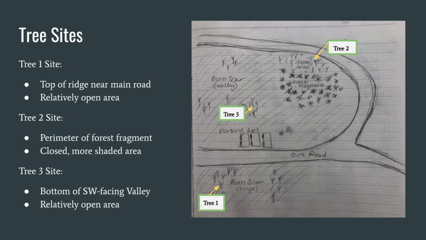What's different about these 2 trees is that tree 2 grows at the brim of the forest remnant, and tree 3 grows in the open area. And the elk like to eat in the open area instead of the woods because they can have a clear sight of the predators coming.